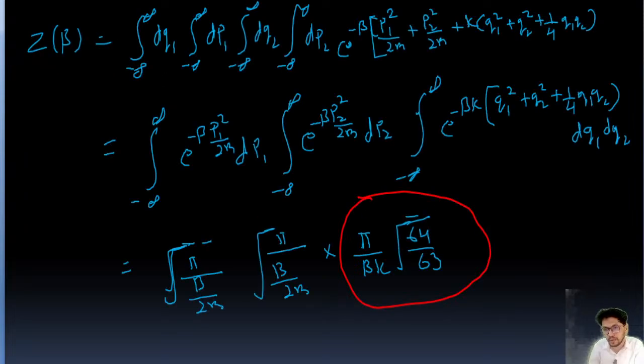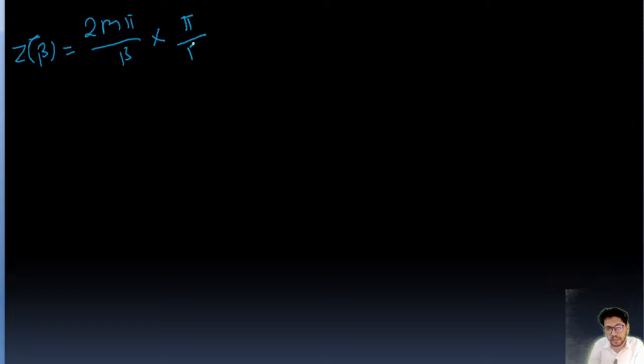So Z_beta equals 2m pi upon beta, into this value, pi upon beta k, root 64 upon 63.